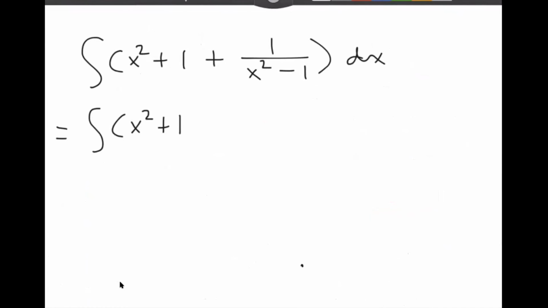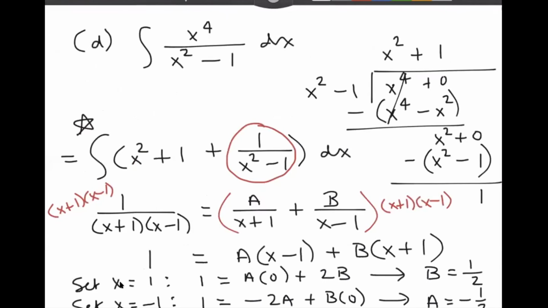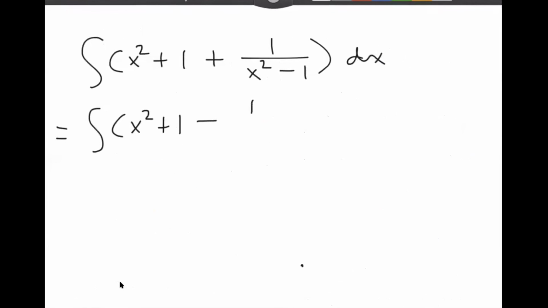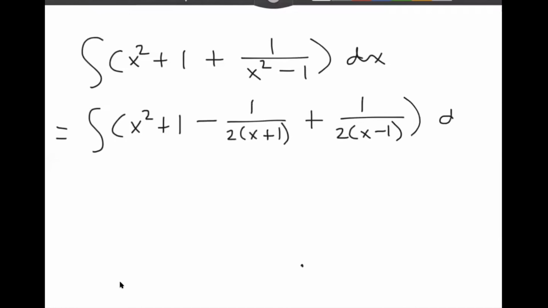And then the first term was a over x plus 1. It turned out that a was -1/2. So we have minus 1 over 2 times x plus 1 plus 1 over 2 times x minus 1. All right. So I think we can integrate all that stuff.